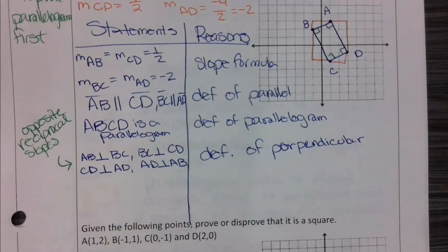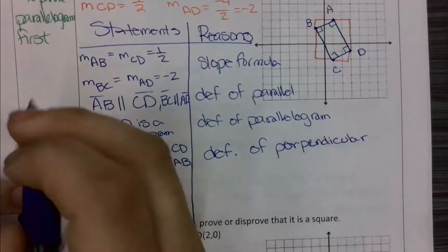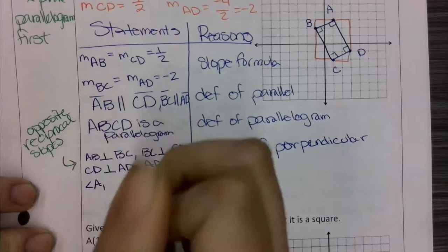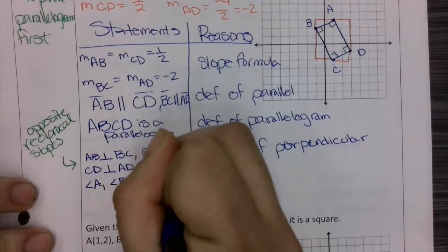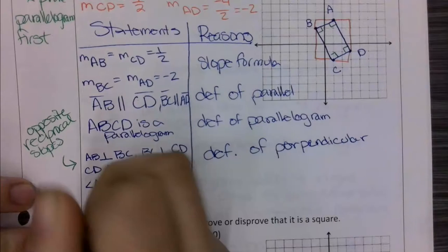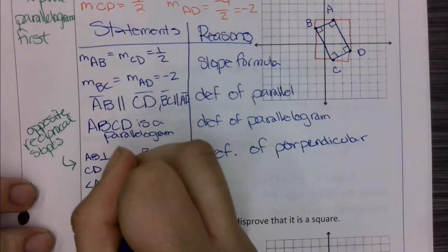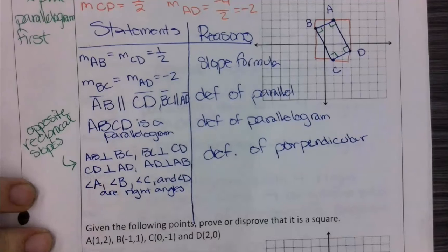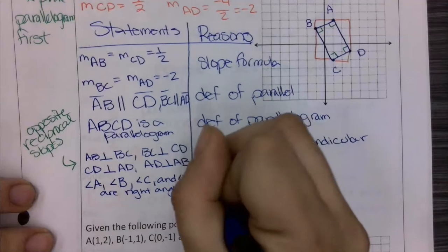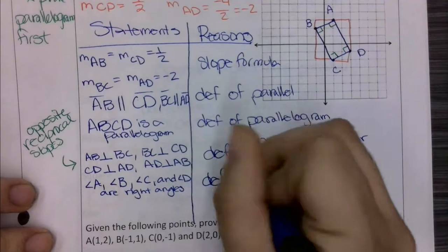What are those little squares called? Right angles. So I have angle A, angle B, angle C, and angle D are all right angles. This also comes from the definition of perpendicular.